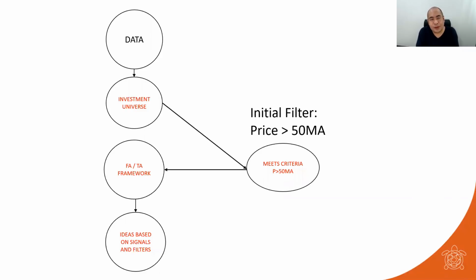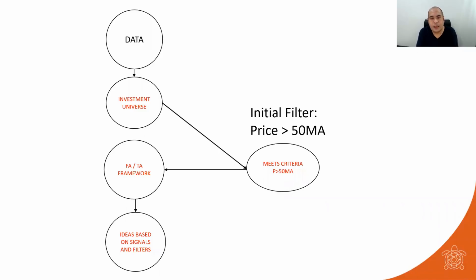You also have access to financial information and economic data that can play a role in your investment process. From that data set, you get to define your investment universe, and you apply your technical filters, the things that you develop through your trading system, as your initial filter.